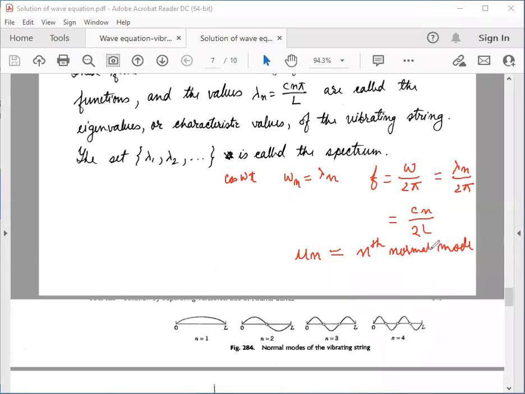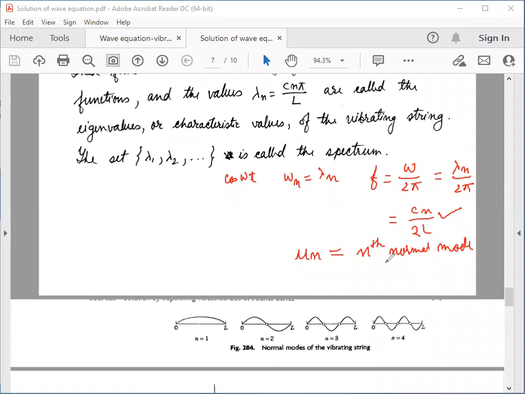The frequency of this nth normal mode is given by c times n divided by twice L. And this motion u_n is called the nth normal mode of the string.